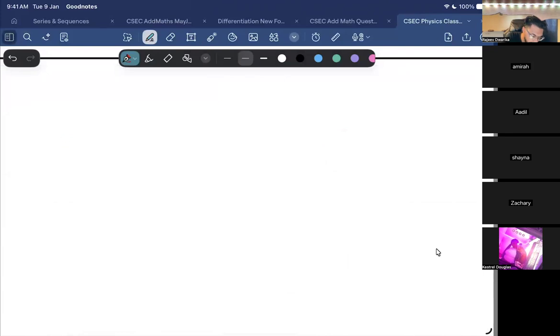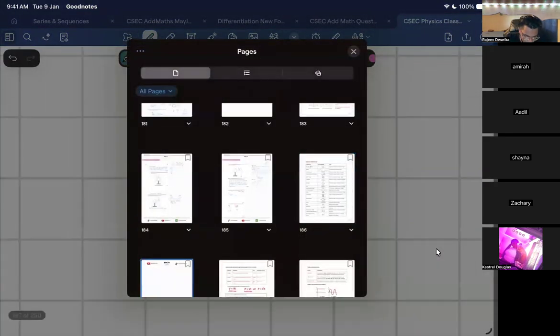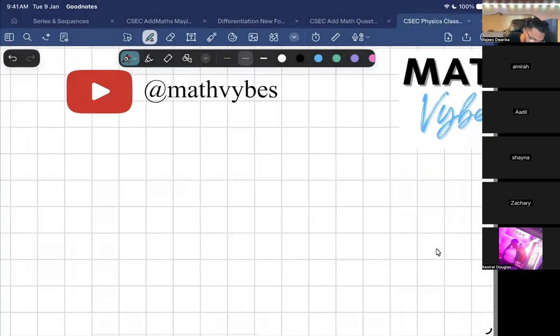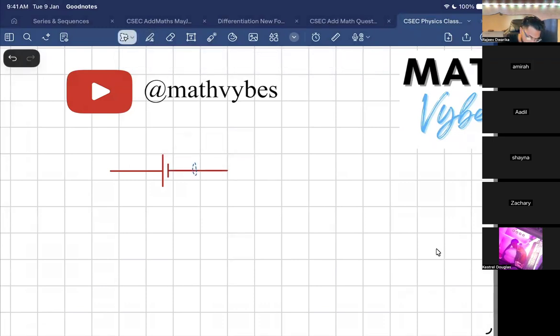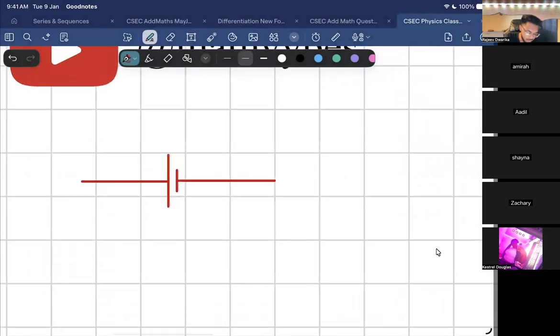Just to make sure you all understand this, what is this, guys? A battery. And what type of current does a battery supply to a circuit? Direct current. What is the longer terminal? Positive.